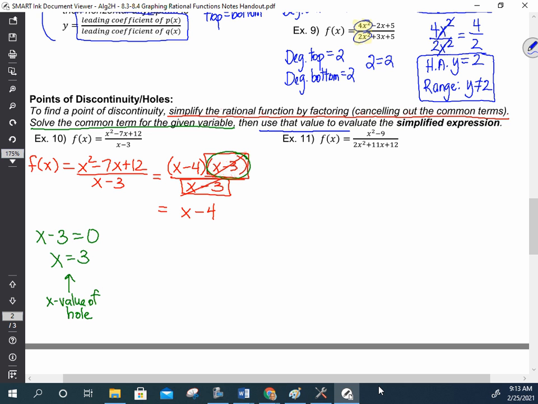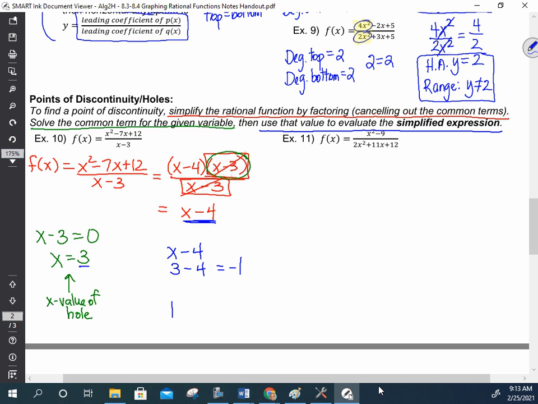So the third step, use that value to evaluate the simplified expression. So now you're going to take 3 and plug it in to your simplified expression. So x minus 4, you take 3 and plug it in, negative 1.